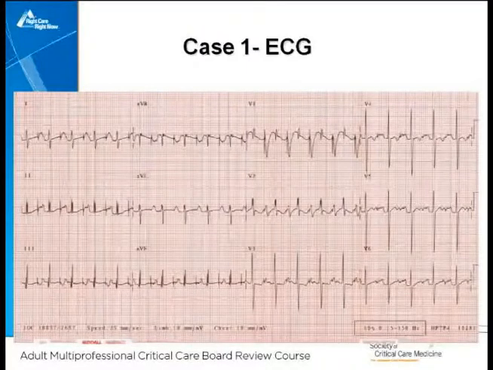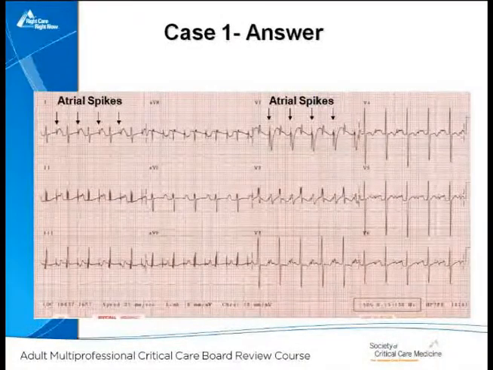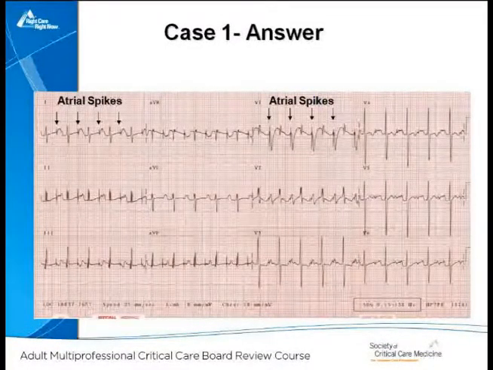So that's normal AAI pacing. It's not dual chamber pacing. There's no pacing spike associated with the QRS complex. And this is just straight AAIR pacing. And here you can see that these are atrial spikes, and over here you identify that they're atrial spikes.